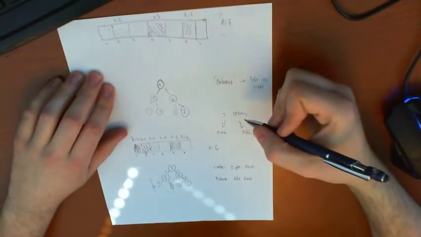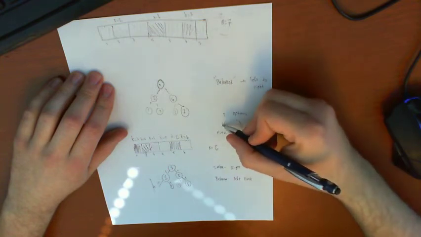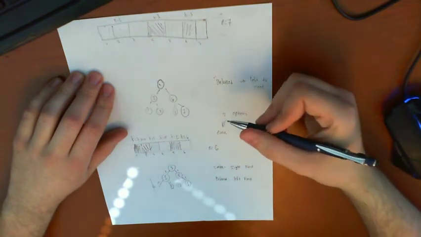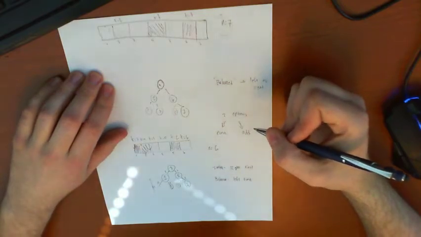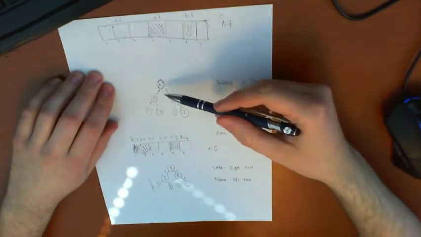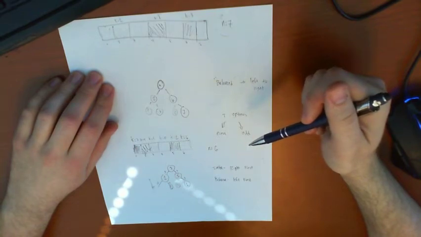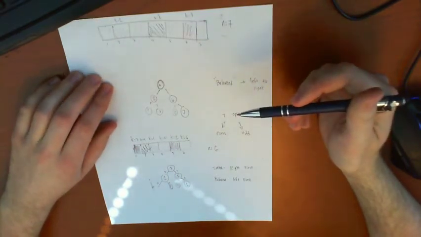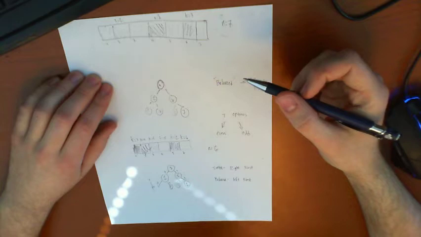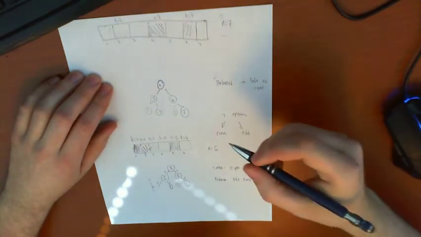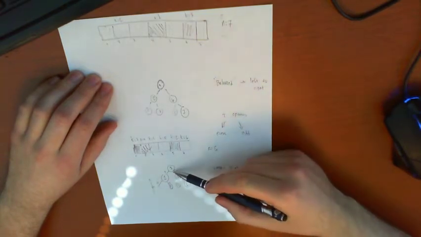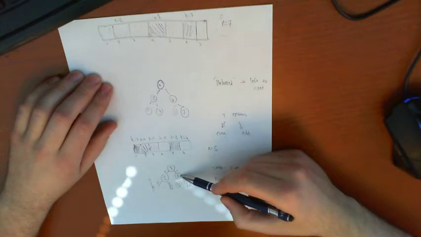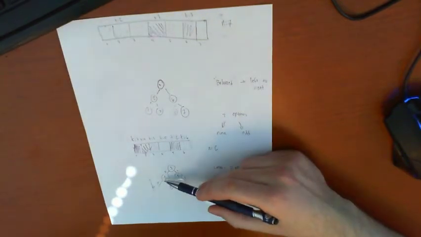If it is even, then it's going to go right first. And by even, I mean if the number of contiguous stalls is even, then we go right first, then left.